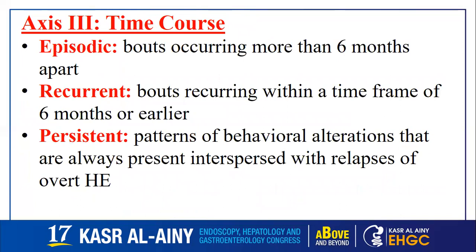Axis 3 is the time course. Either it is episodic, bouts occurring more than 6 months apart, or recurrent, bouts recurring within less than 6 months, or persistent, where the patient all the time has some form of alteration and impairment of mental function, like slurred speech, slow cerebration, needing to be aroused. Of course, this reminds me of truck drivers, who have some form of persistent hepatic encephalopathy.